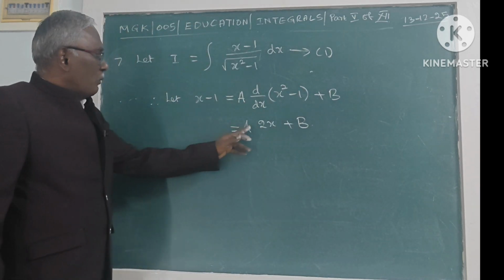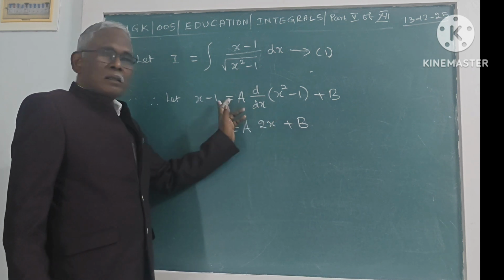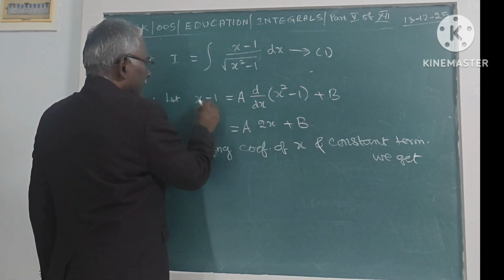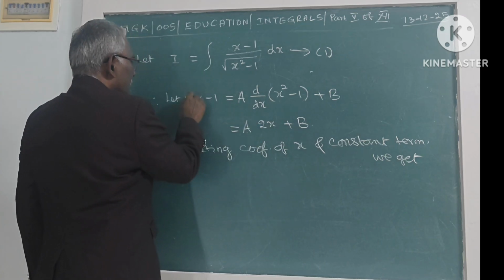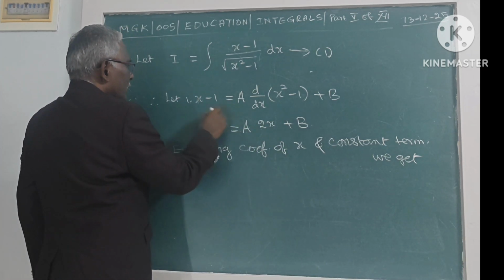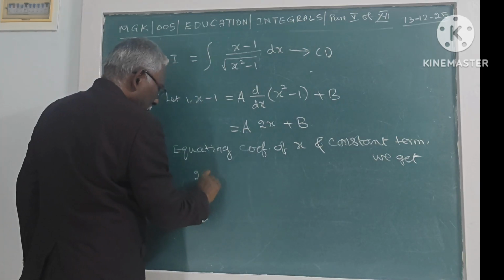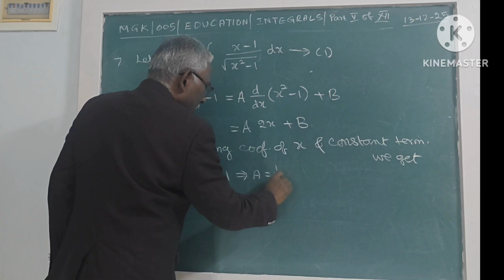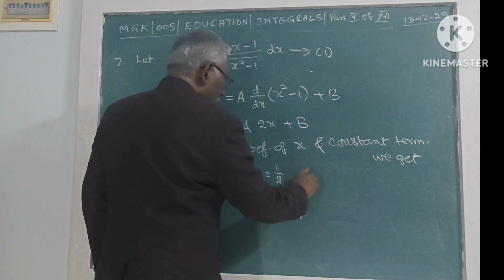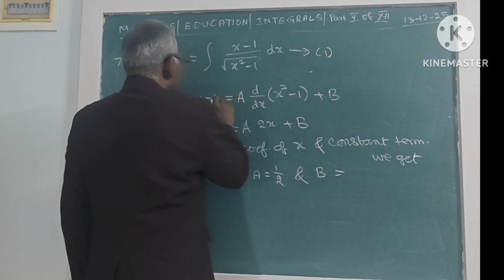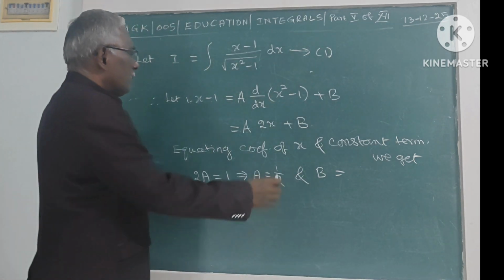By equating the coefficient of x and the constant term, if we equate the coefficient of x, 2a is equal to 1 into x is x. So 2a is equal to 1, so this implies a is equal to half, and the constant term b is equal to minus 1.